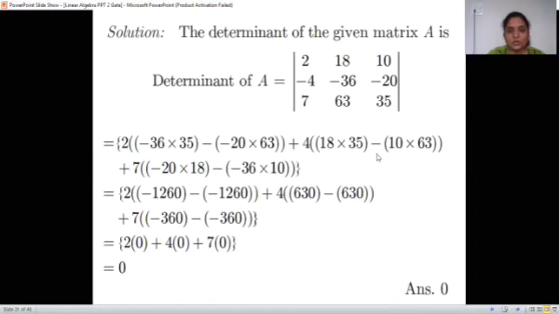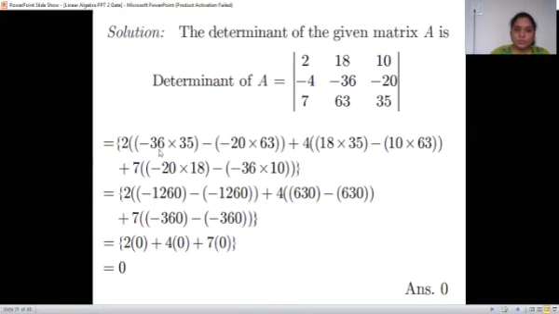So the answer is 0. This is the matrix, and we want the determinant of that matrix, so we are taking the determinant. Then directly, 9 here and 5 here we can take outside. And if we do not take them out, just multiply and see the answer.